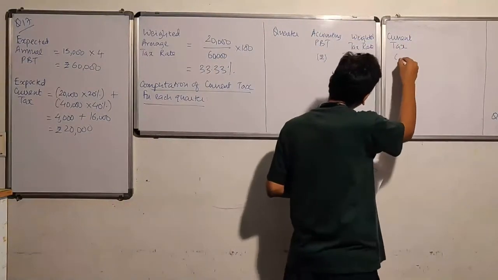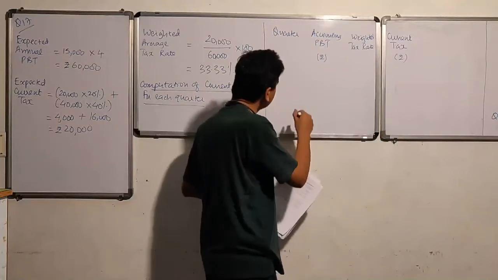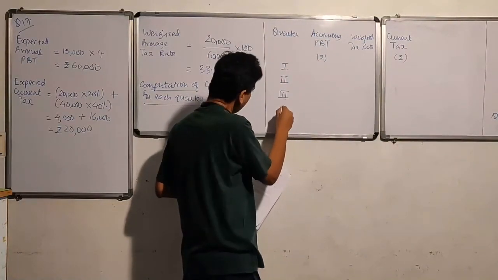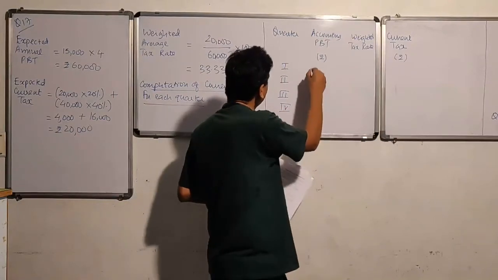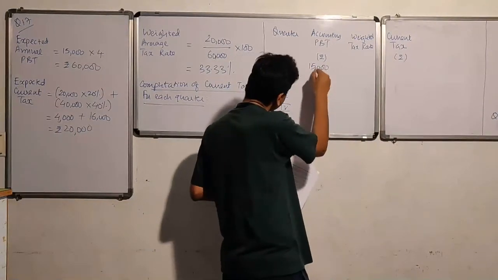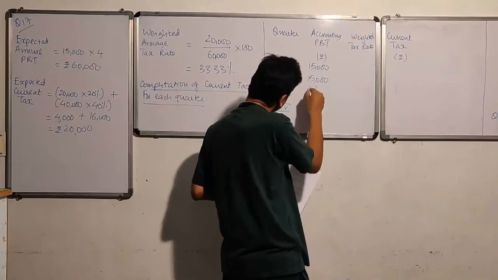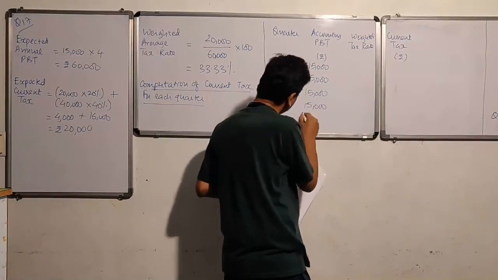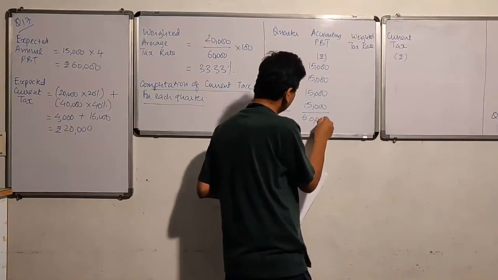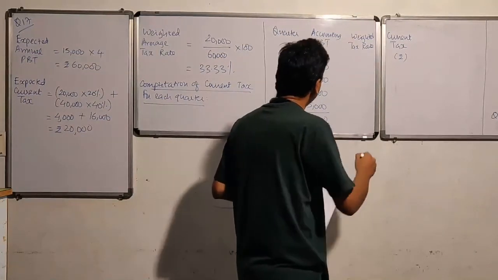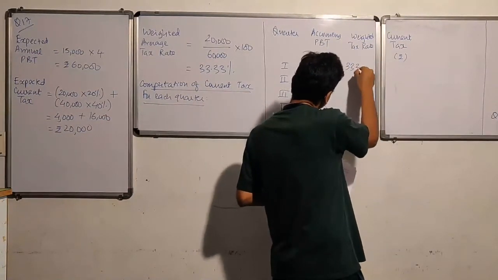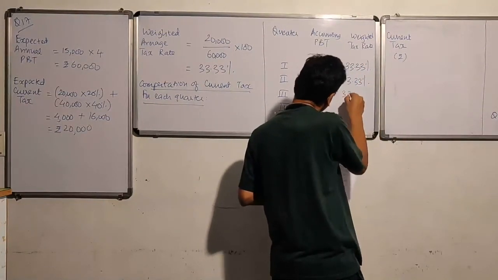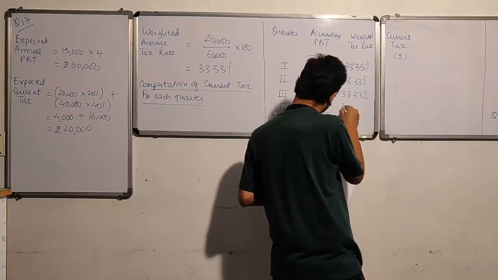Just have a look at the calculation and then you may put it down. 4 quarters are there. Every quarter we know our accounting profit will be 15,000. The weighted tax rate is turning out to be 33.33%.